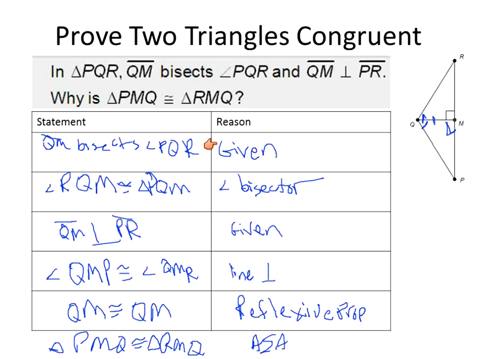Every time you write a statement, which includes your given information, you have to write a reason. If the information is actually stated up here, then you just write given.